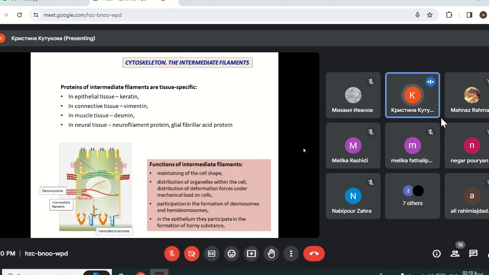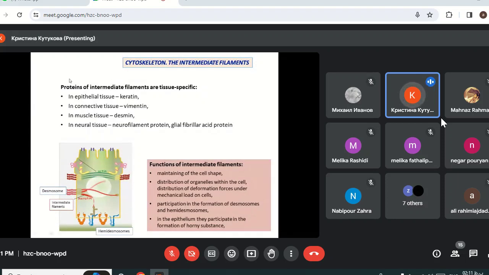A feature of the intermediate filaments is that they are made up of proteins which are tissue specific. We actually have 4 types of tissues: epithelial, connective or internal environment, muscle, and neural tissue. And the cells in each class of tissue have specific proteins.